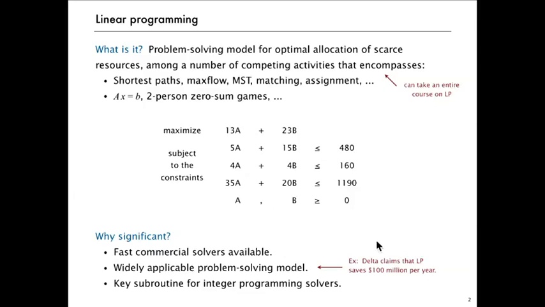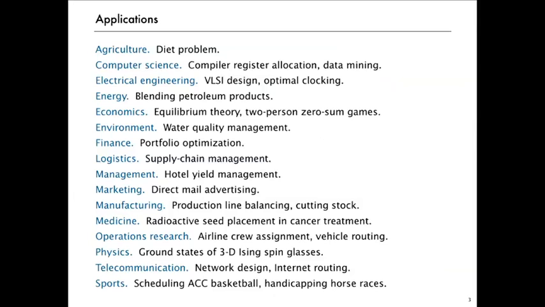For example, airlines use linear programming to schedule planes and pilots and flights. And Delta recently claimed that linear programming saves it over $100 million per year. So it's general, and we can solve problems. That's what linear programming is.